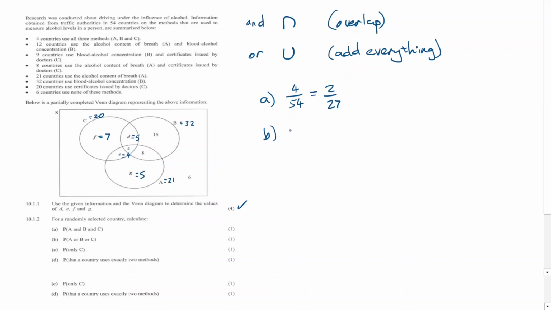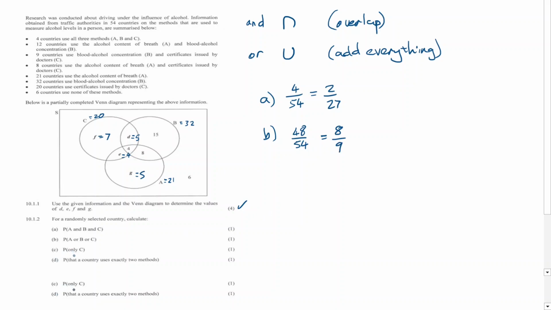An easier way to do it is just to say it is everyone except the 6. And so if the total is 54, then if it's everyone except the 6, it must be 48 out of 54.